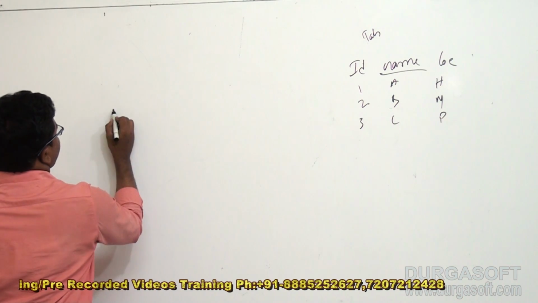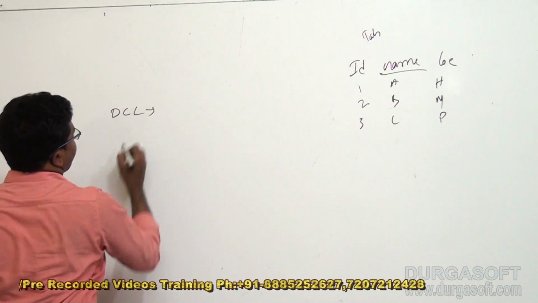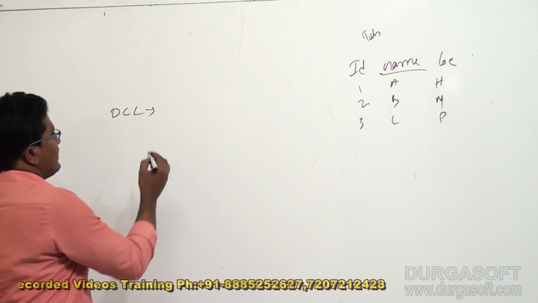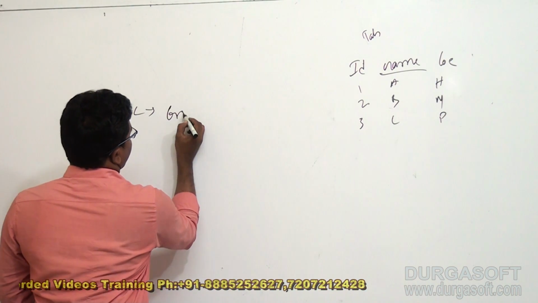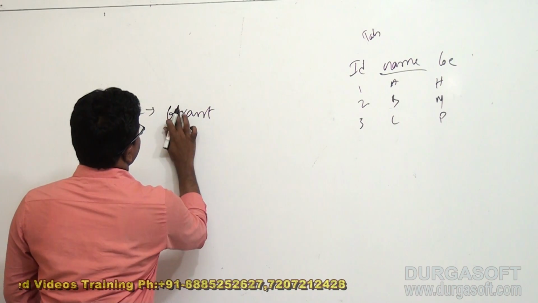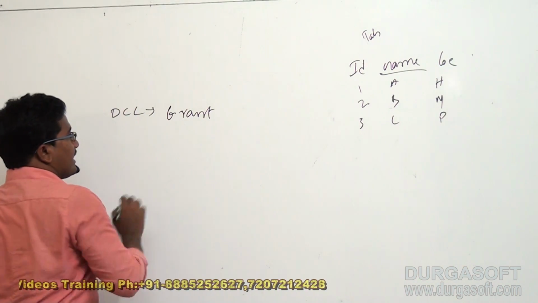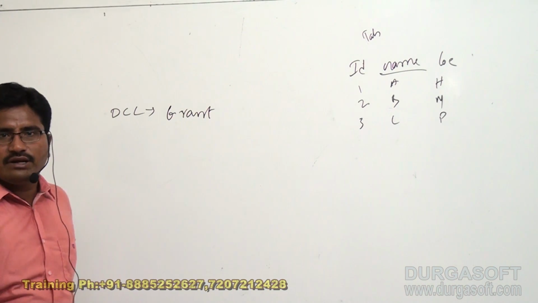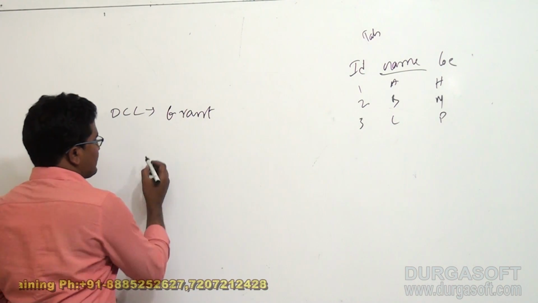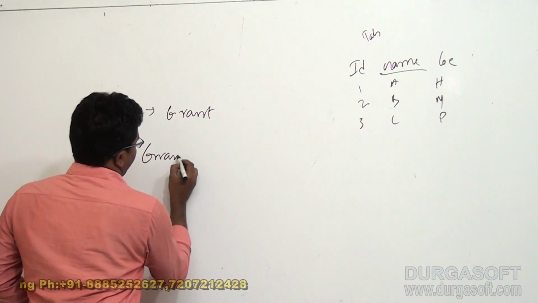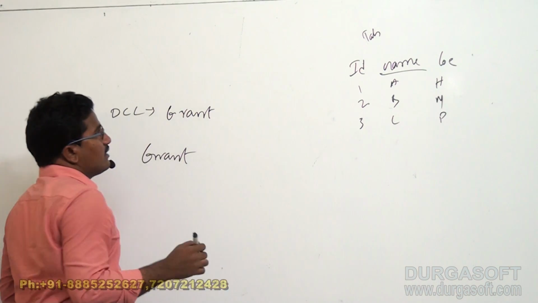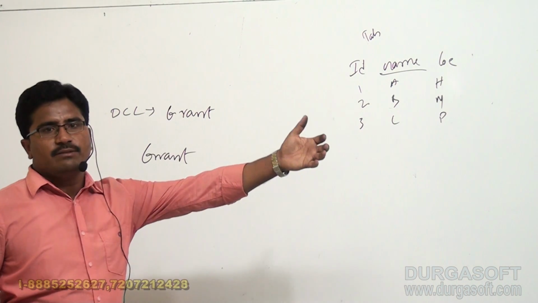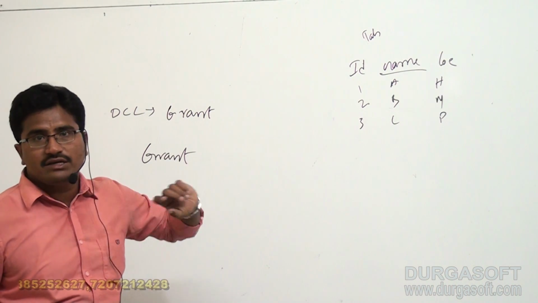Next we have DCL, data control language, which has grant and revoke. Grant means giving permissions. How to give permissions? For example, I am an employee and I ask my DBA, please give me permission on the select statement.